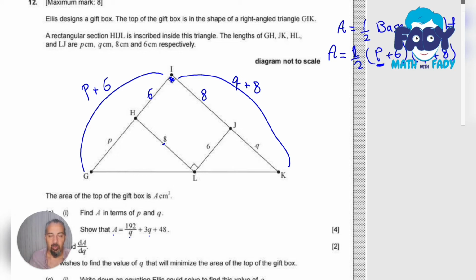What does it mean? This means we need to find a relation between P and Q using this triangle and the rectangle. So how would we find a relation between P and Q?